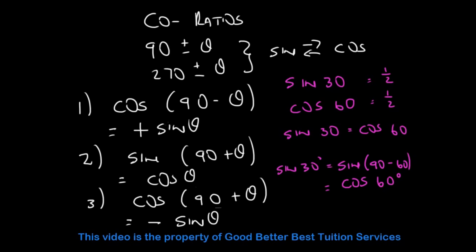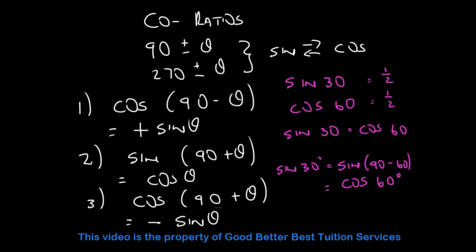It's positive, but it changes to sine, and so that gives me sine of theta. Let's look at the sine of 90 plus theta. The sine of 90 plus theta is in which quadrant? It's in the second quadrant. And in the second quadrant, sine is positive. However, it becomes cos. So that will give me cos theta.